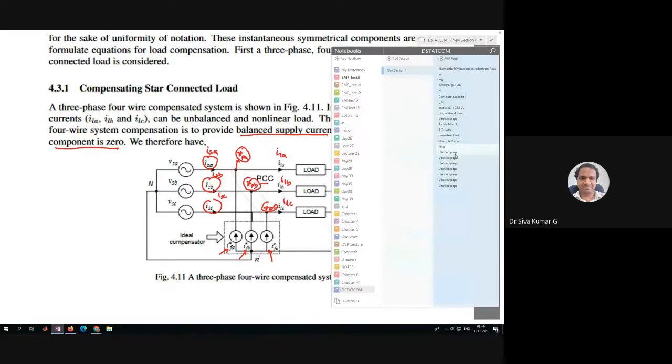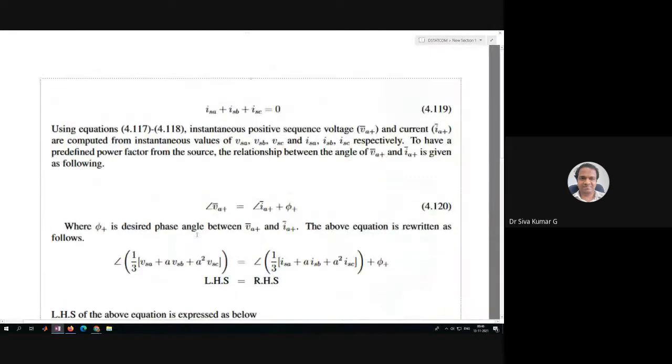So we can write the equation. When these currents are balanced, the summation of the instantaneous source currents ISA, ISB, and ISC is equal to zero.